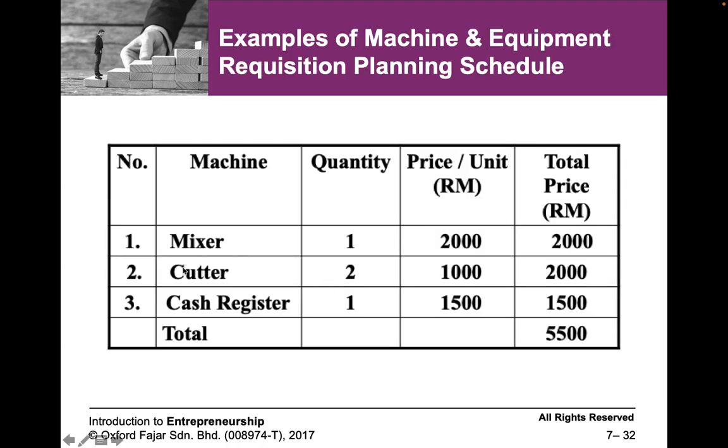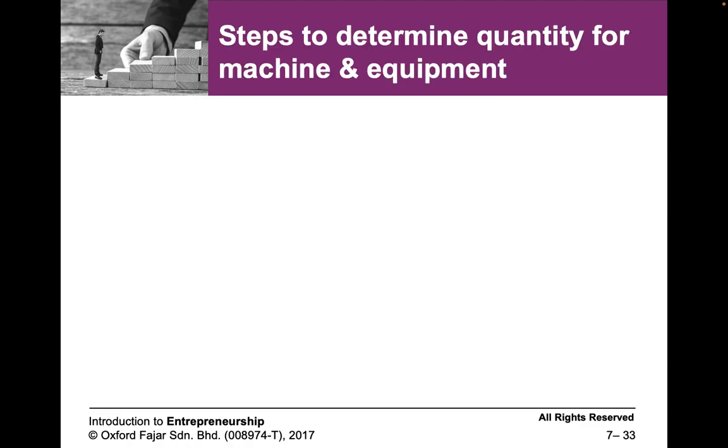Okay, if you can see here, quantity 1, quantity 2, quantity 1. So how do we determine the number of machines required for our factory? If you fail to do this calculation, if you fail to determine the quantity of machine and equipment, then there will be a lot of wastage, and the company will have to pay a huge amount for the machine, but the machine is not fully utilized by the production, so it is a lot of waste.